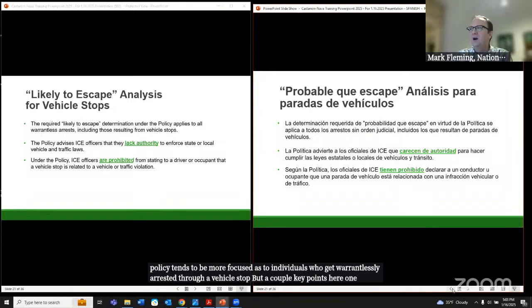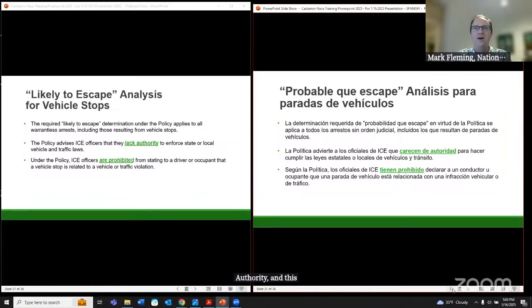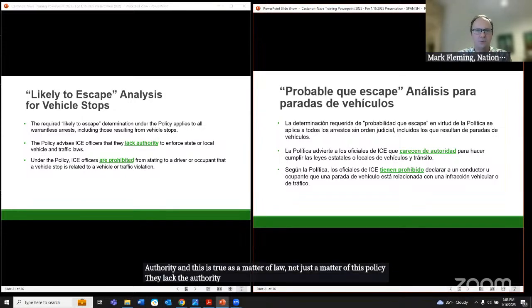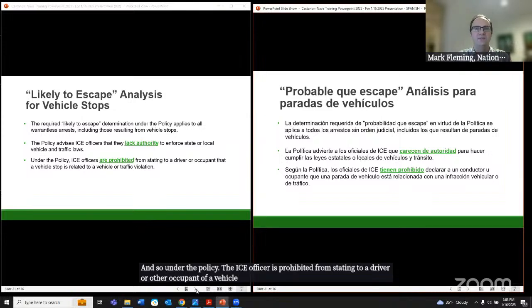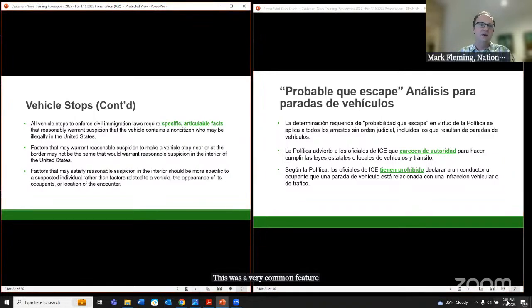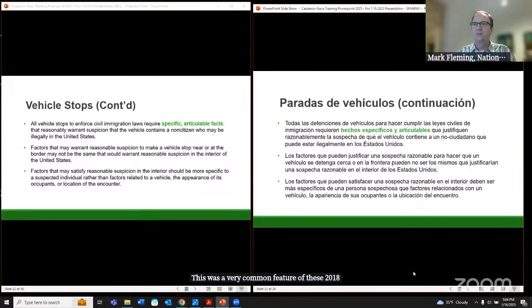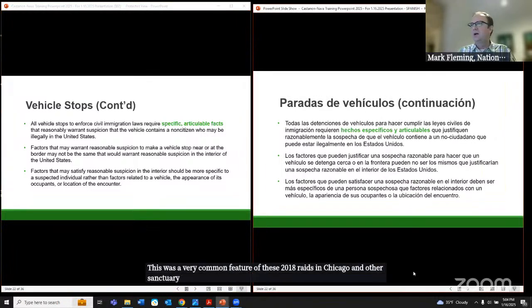One, ICE officers lack authority, and this is true as a matter of law, not just a matter of this policy, to enforce state or local vehicle and traffic laws. And so under the policy, the ICE officer is prohibited from stating to a driver or other occupant of a vehicle that the reason for the stop is related to a vehicle or traffic violation. And this was a very common feature of these 2018 raids in Chicago and other sanctuary jurisdictions. Next slide.